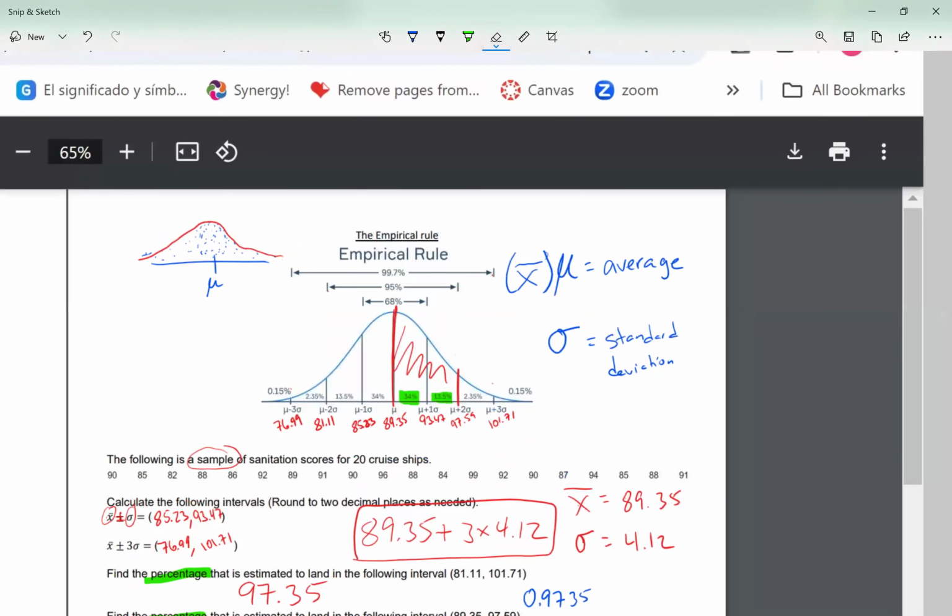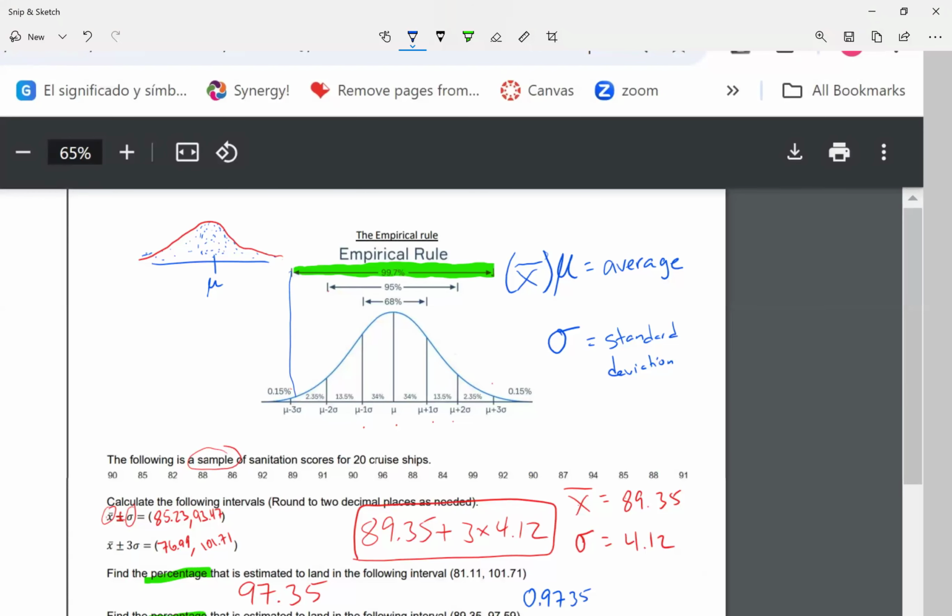Remember how I used to have this? Let me erase this stuff right here. The first question was asking for 99.7%. Do you see that right here? 99.7. So how far back did it go? The mean minus 3 standard deviations.